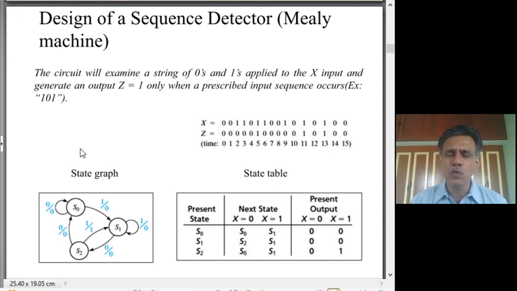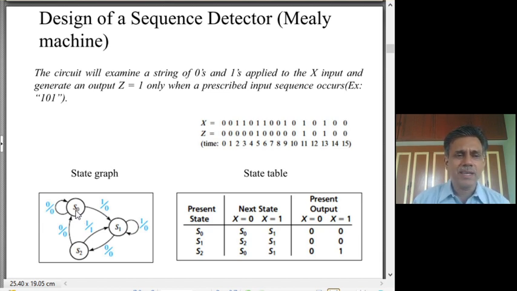Conventionally we use the symbol S to stand for a state and a subscript to distinguish one state from another. So we use the symbol S0 to define the state. As we get more and more states, we will call them S1, S2, S3, S4 and so on. You could have as well used A, B, C and so on.